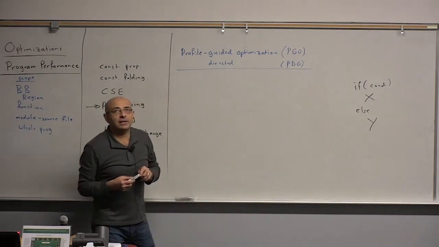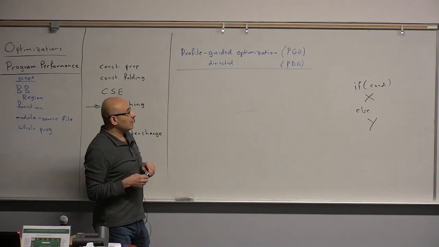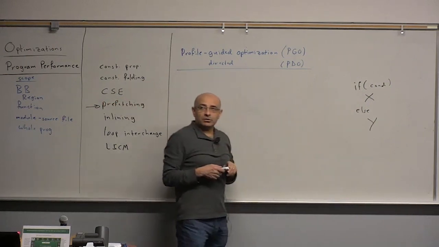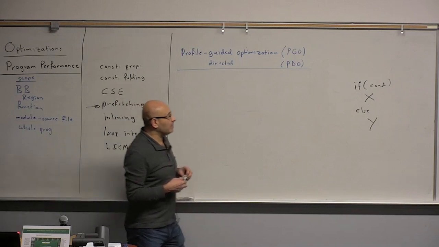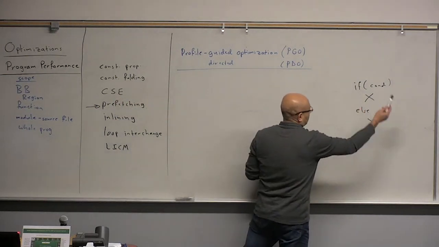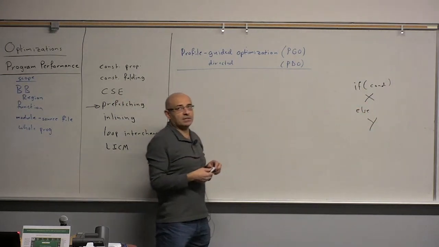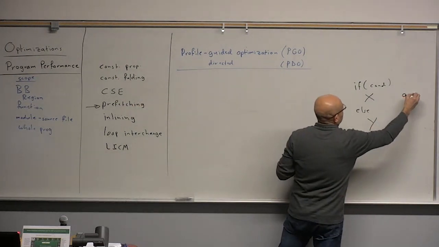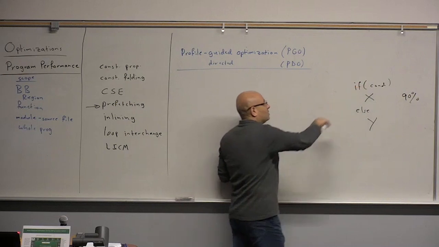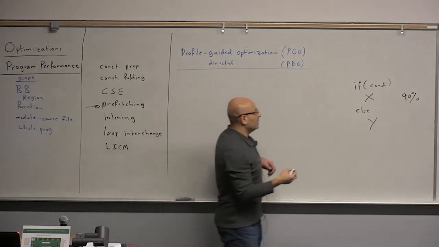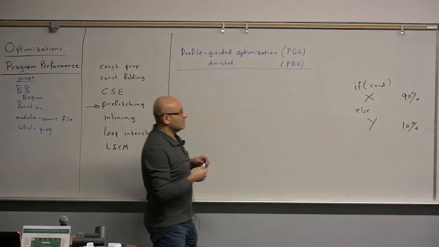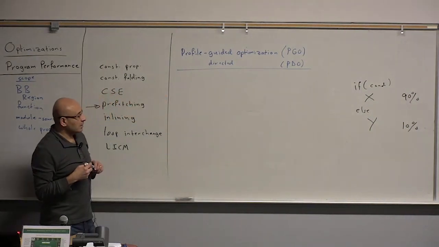How frequently will each basic block get executed, or the probability of executing X and the probability of executing Y. So it could be, for example, that 90% of the time the condition is true and we execute X, and 10% of the time the condition is not true and we execute Y.